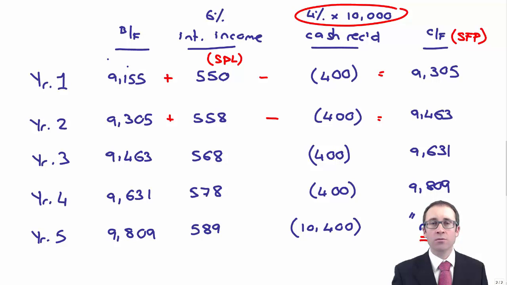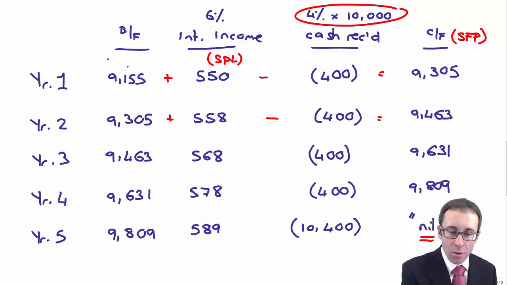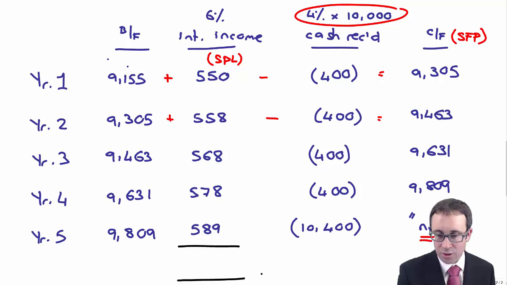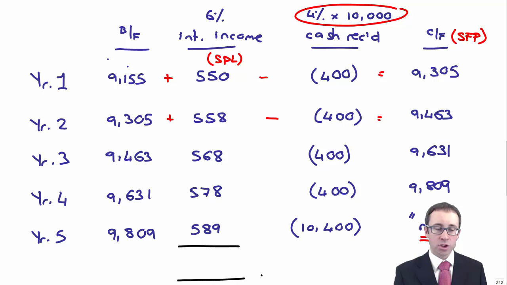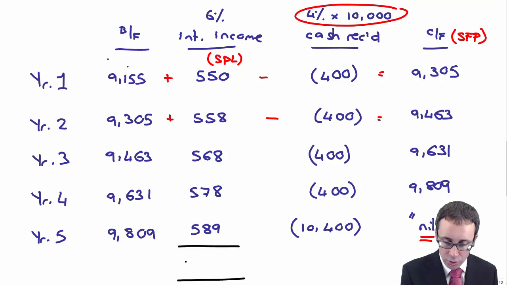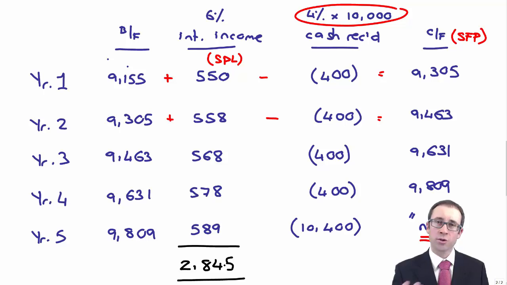So don't stress too much about that. What I like as well is that if you were to sum up those totals for the interest income, you should come to 2,845 or somewhere within that ballpark. Don't stress about a couple of digits either way.